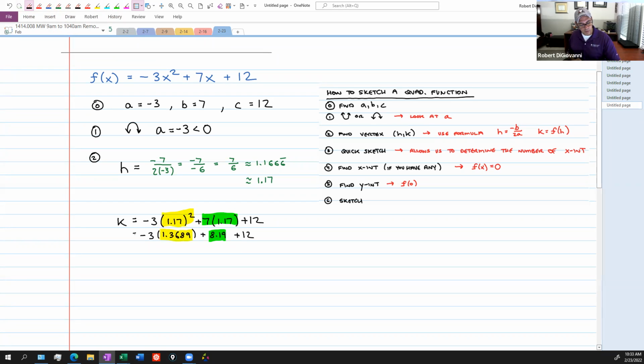I still need to multiply negative 3 through times that thing right there. So I'm going to take that answer, multiply by negative 3. I get negative 4.1067 plus 8.19 plus 12. So now I'm just going to do that all on my calculator.